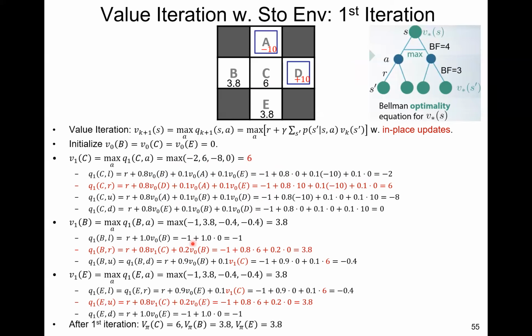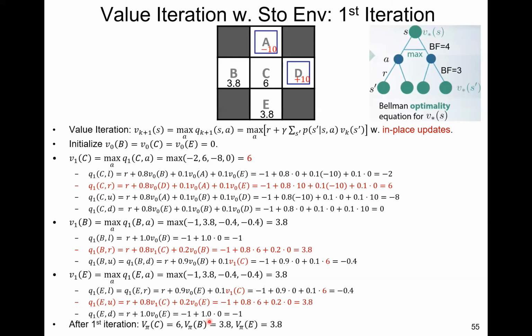For B, the max over the actions is to the right, with a value of 3.8. And for E, the max is 3.8, with the up action.